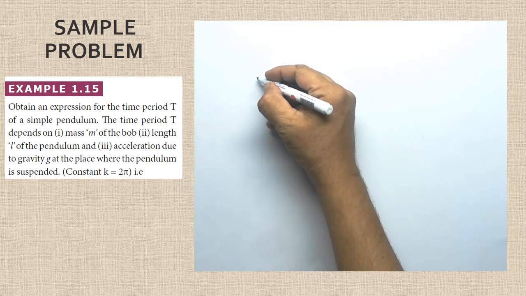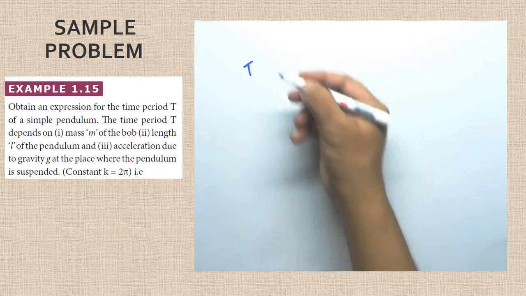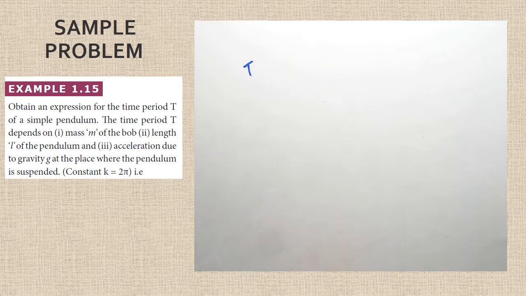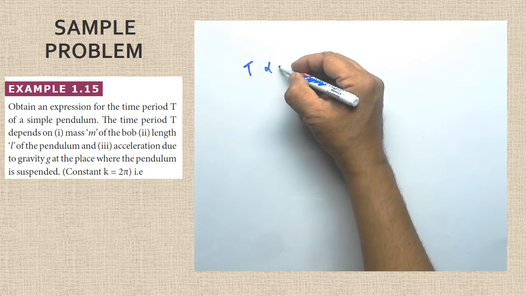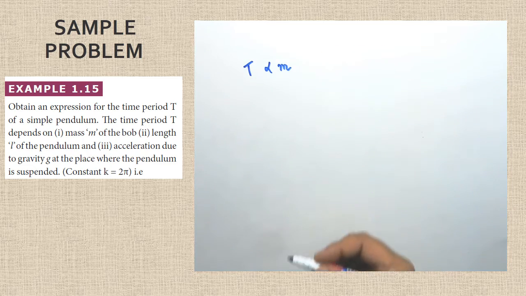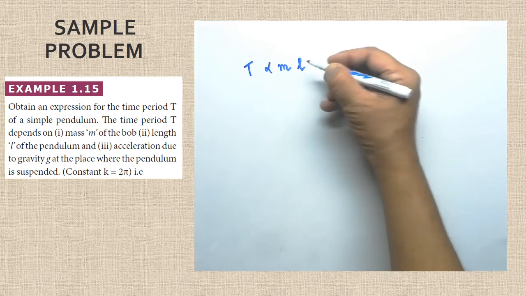Therefore, t is given. What is t? Time period t. The time period t depends on three factors, which will be given now. The first one, mass of the simple pendulum, mass of the bob. The second one, length of the pendulum.